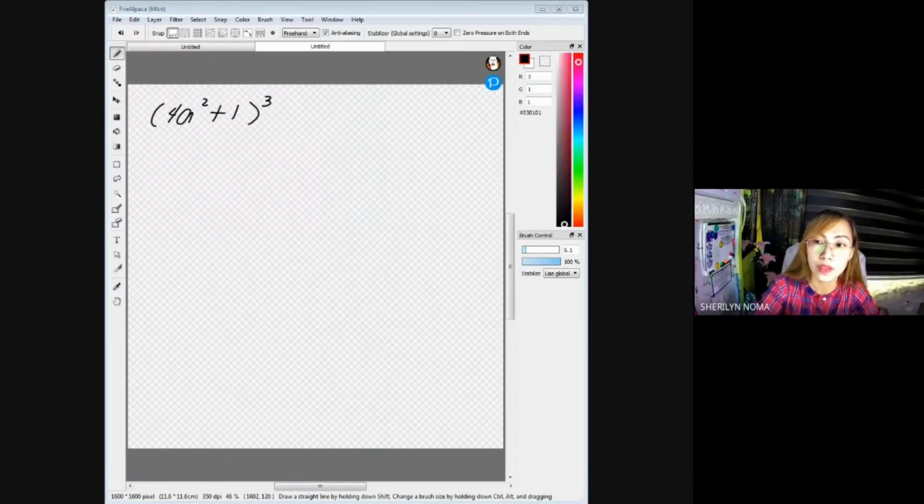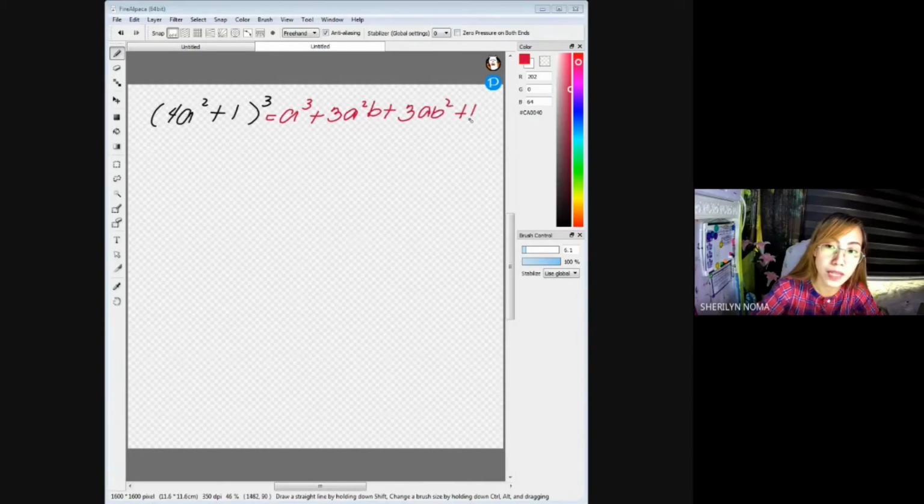So, the formula for the cube of a binomial is a cubed plus 3a squared b plus 3a b squared plus b cubed. Okay, so next is identify the value of a and then the value of b.